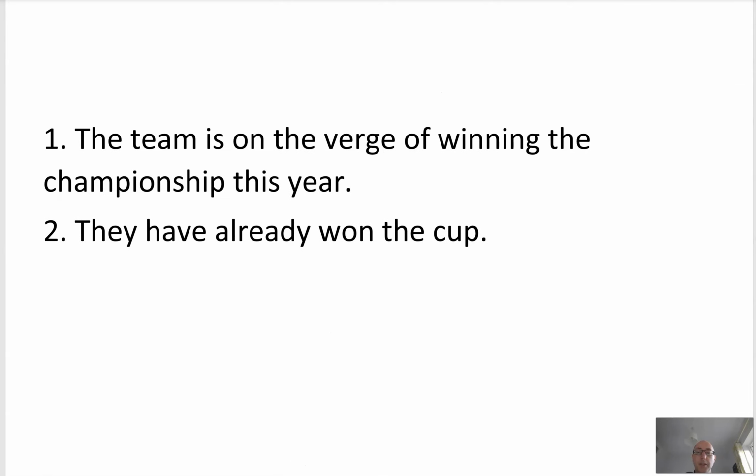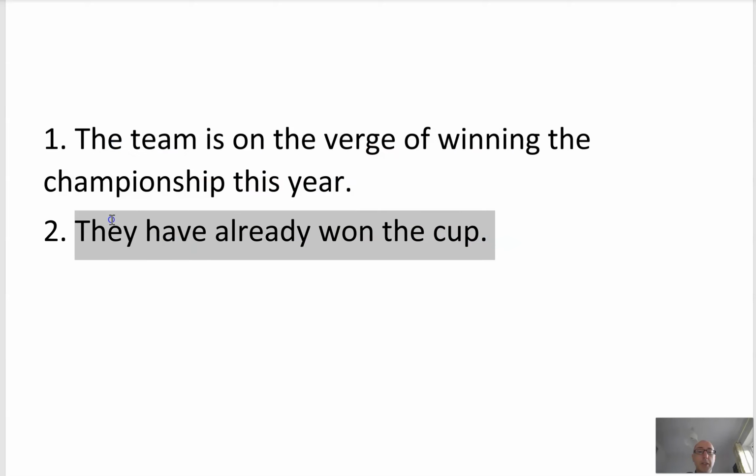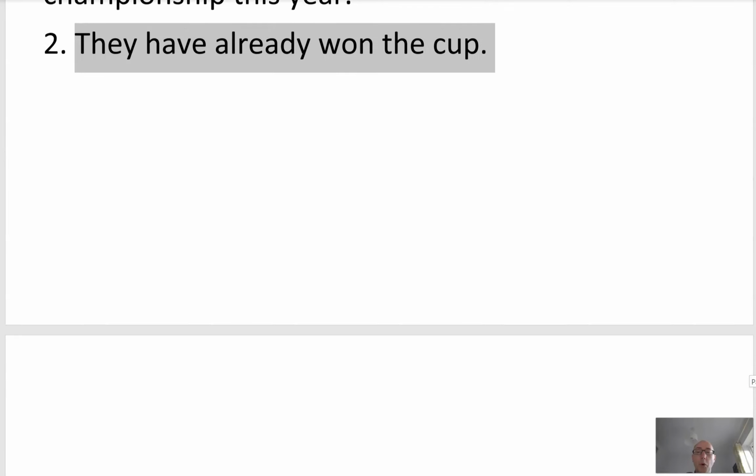We've got two sentences. The team is on the verge of winning the championship this year. They have already won the cup. Are these similar ideas or different ideas? Well, they're similar. We're talking about the team's success in number one and also the team's success in number two. So we're just adding on information. So how do we do it? Well, let's use moreover or in addition or furthermore.